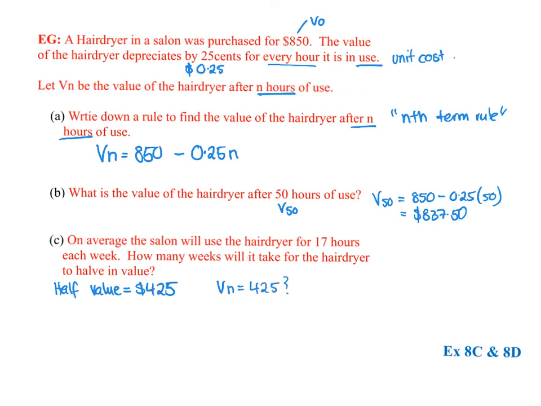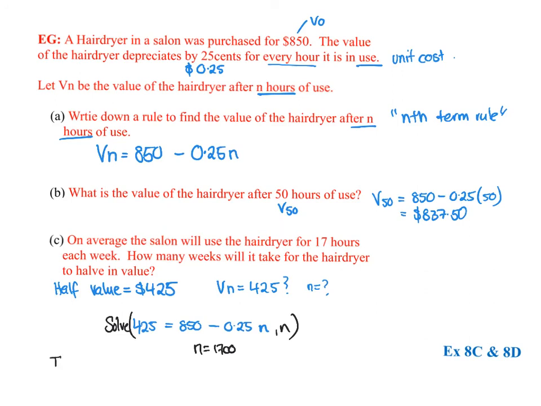You want to know n in that case. So let's use our nth term formula: 425 equals 850 minus 0.25n. And I'll do solve. This is going to tell me how many hours it's been used. So I end up with n equals 1700. So the hairdryer has been used for 1700 hours when it gets to 425.